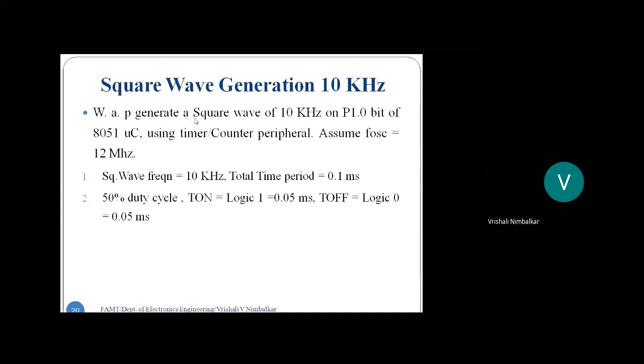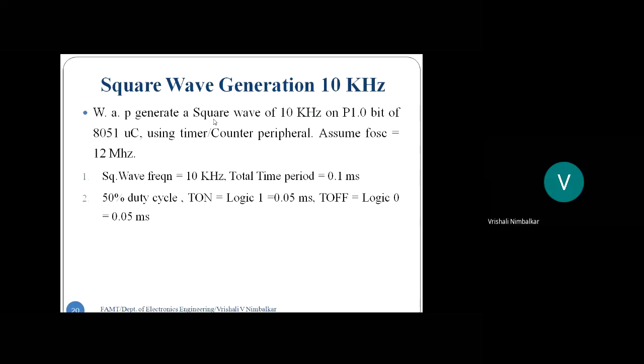In our problem statement, they have not mentioned the duty cycle, so it is assumed to be 50% always. But if it is not 50%, they will mention it in the problem statement, for example, we need a square wave of 80% duty cycle. That means out of the total time, 80% of the time the square wave is logic 1, and for the remaining 20% it is logic 0.